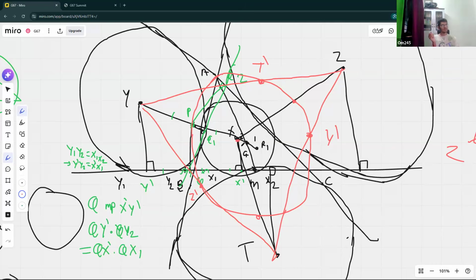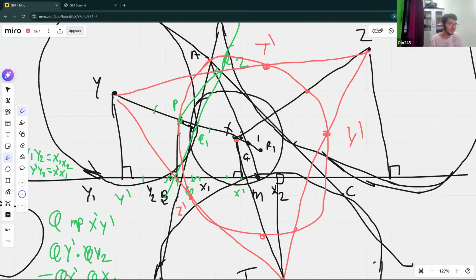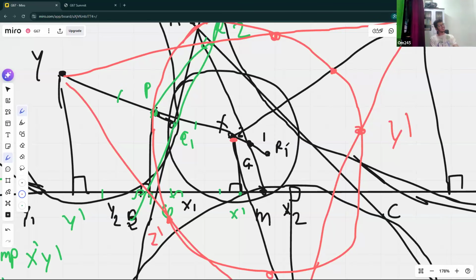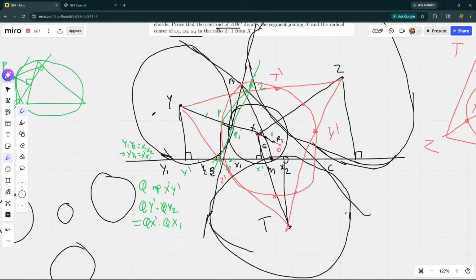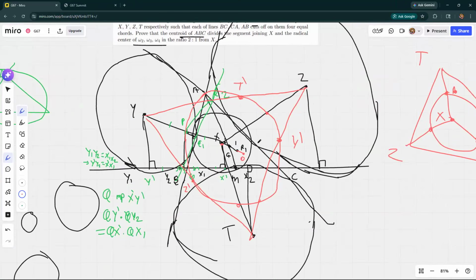If the circumcircle is something like that, isn't it basically the same thing? So the radical axis is the same? If M denotes the midpoint of ZT, N the midpoint of ZY, and K the midpoint of YT, then their Simpson lines would be the radical axes of omega 2, omega 3, and omega 4.